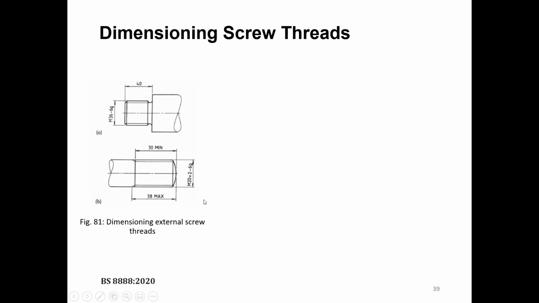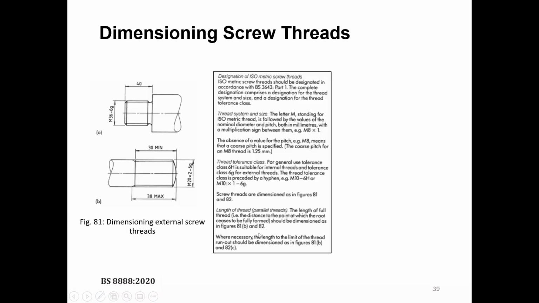So there are some dimensions here we should understand. You might need at some point to read this note carefully, but the way we define the threads is, for example, you say M 20 times 2. M here refers to isometric screw thread, and then the number written after the M gives you the nominal diameter of the thread, or the external diameter.